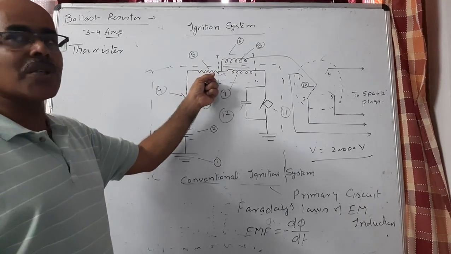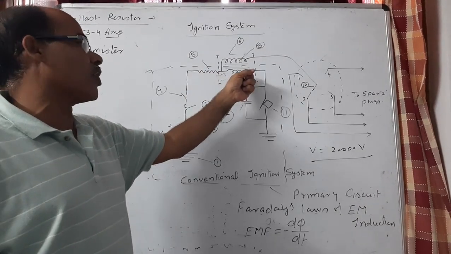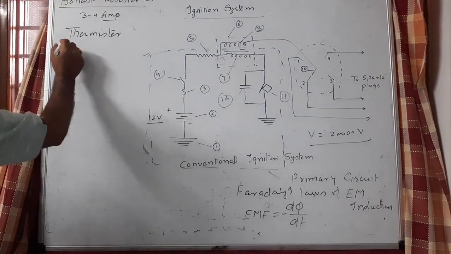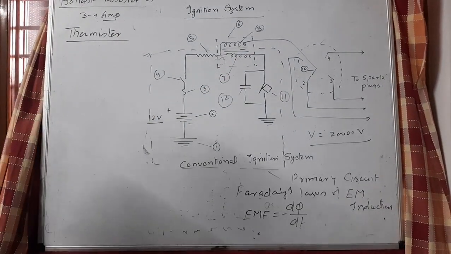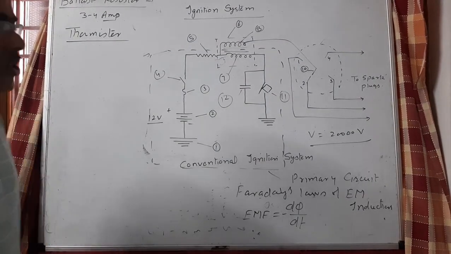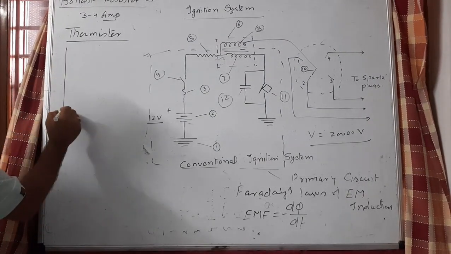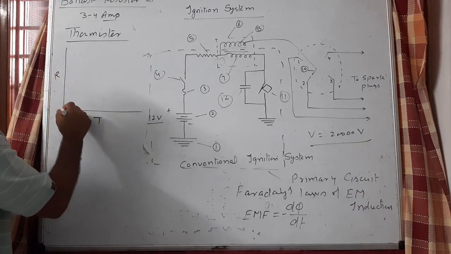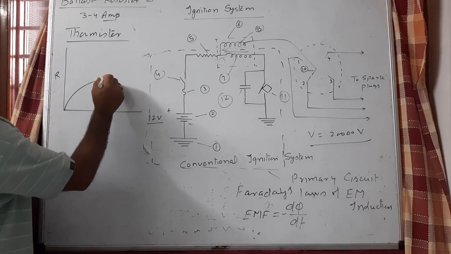Its resistance is equal to the primary coil resistance, and it is a thermistor, meaning its resistance changes with the increase in temperature. If we plot resistance versus temperature, it is something like this.